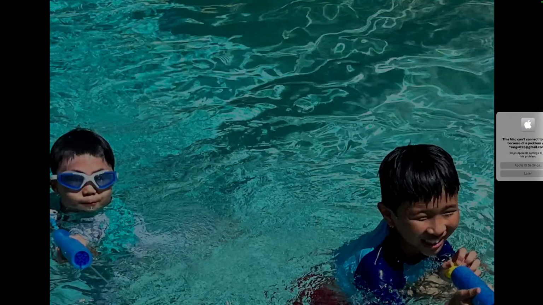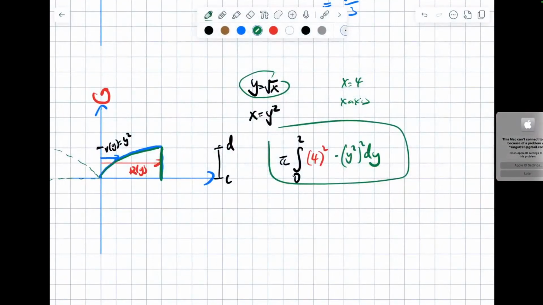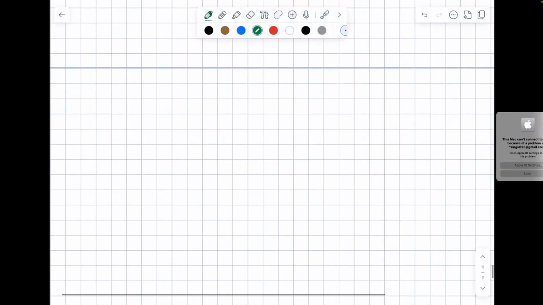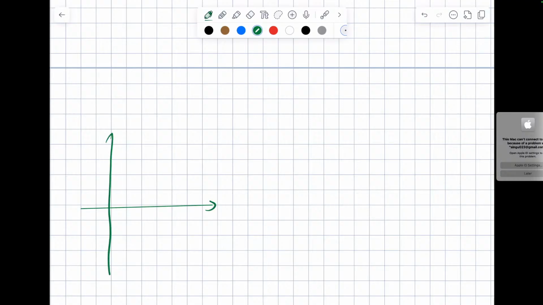This becomes a little bit harder. Ideally later I want you to be able to rotate around y equals -2. So this is off-axis rotation.